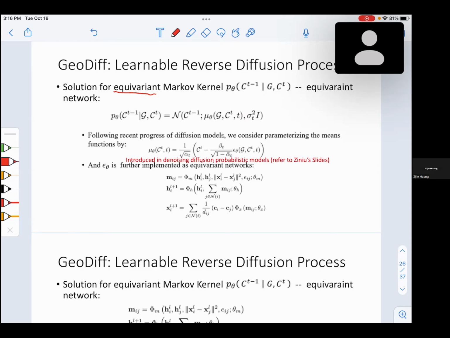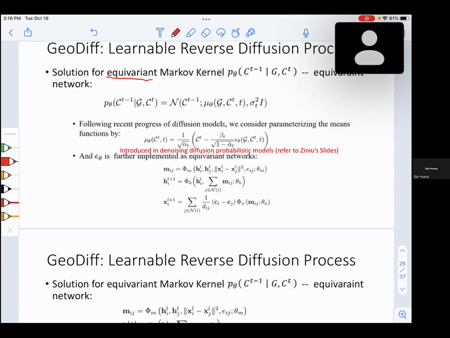They utilize equivariant graph neural networks, because, as I said, for this Markov chain kernel, this mu theta is defined via a learnable NN, where you can see this mu is computed conditioned on the CT and also the graph G. And following the recent progress of diffusion models, which was also introduced in the previous lecture, following the denoising diffusion probabilistic model paper, people usually reparameterize the mean function using the following formula.